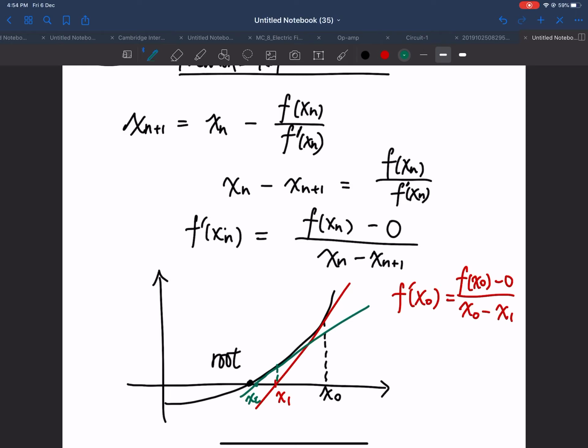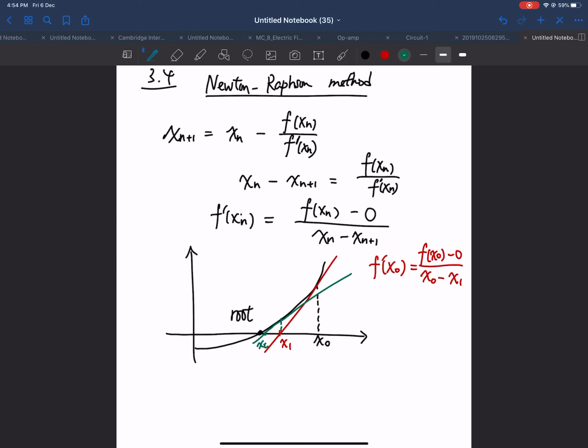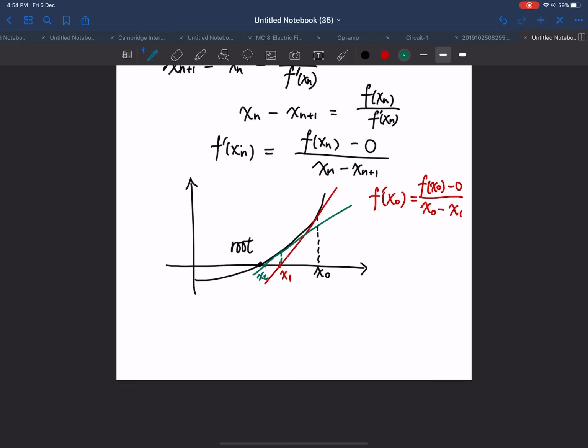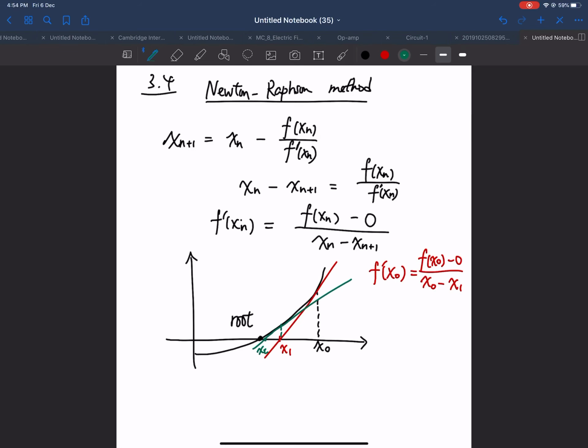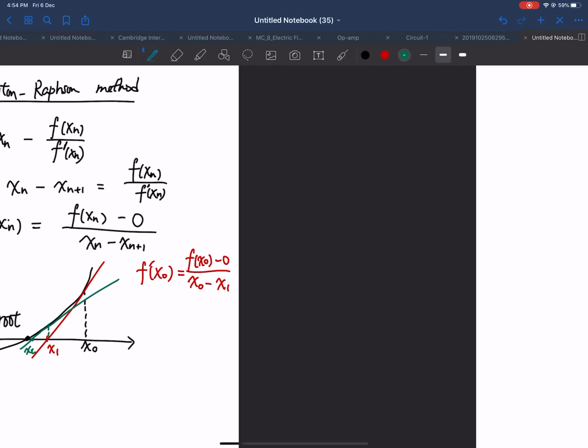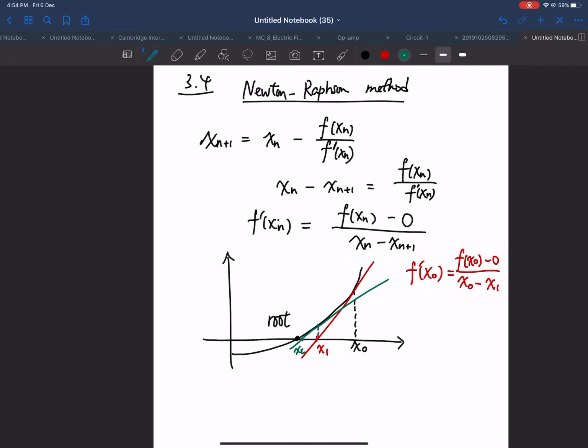Maybe I'll just give you one example, so you can understand the idea behind this method. You just repeat it, and you get a closer solution.